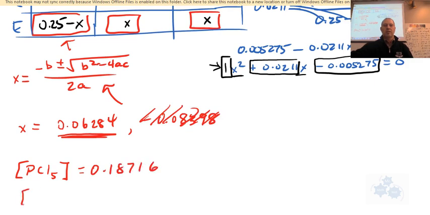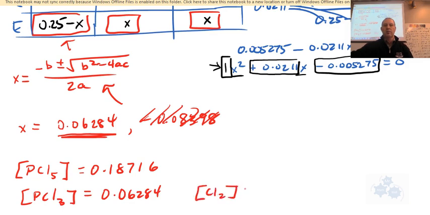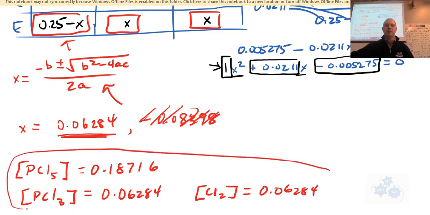The concentration of PCl3 is then going to be the actual x value, and the concentration of Cl2 is the x value as well, so 0.06284 or so. Okay, so these would be your solutions to this question.